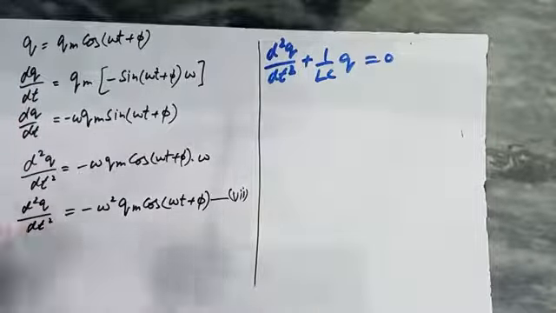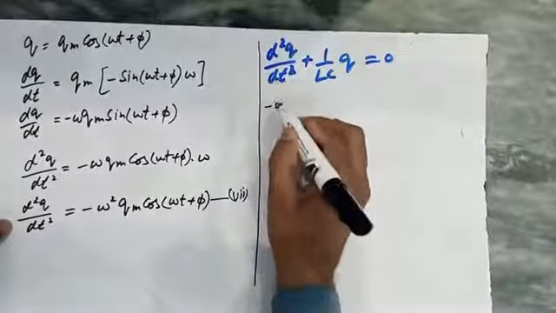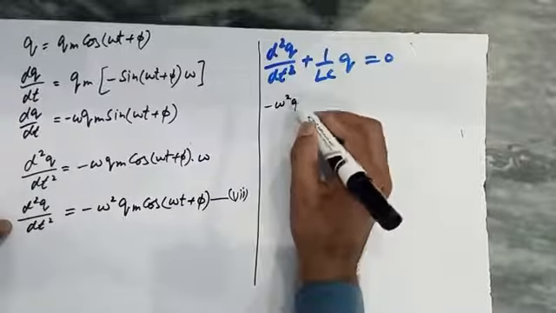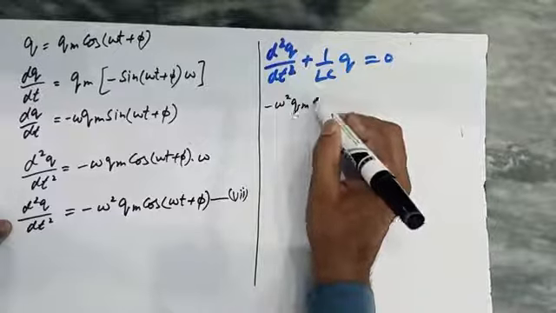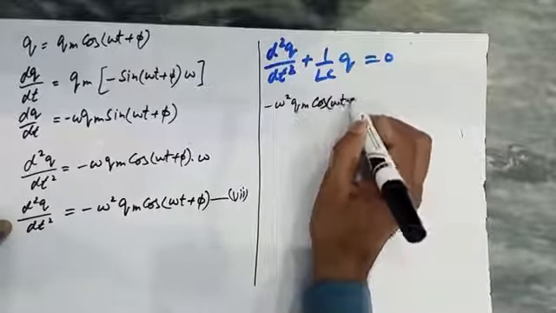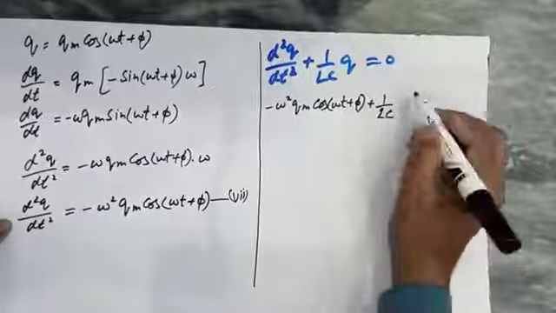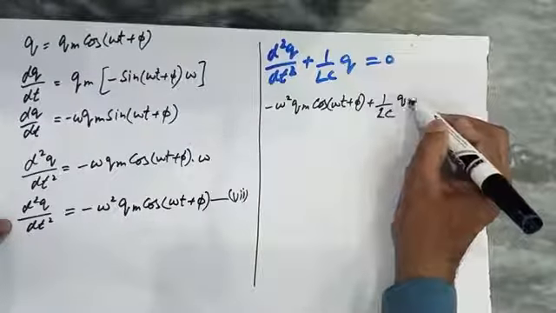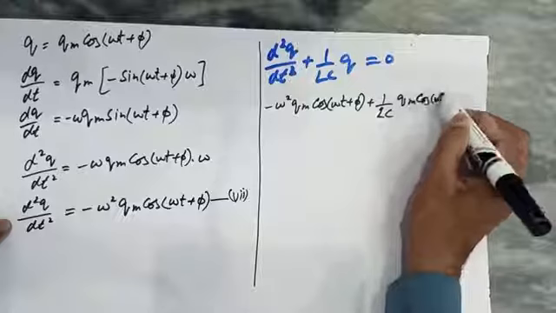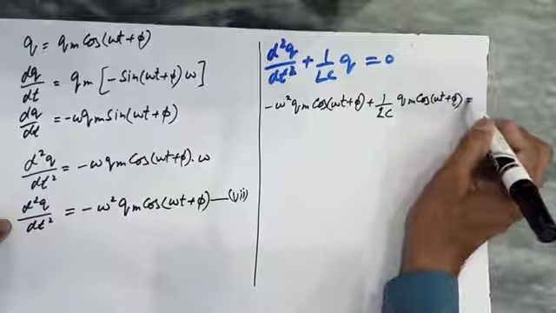Putting values, this becomes minus omega square Qm cos(omega t plus phi) plus 1 over LC times Qm cos(omega t plus phi) is equal to 0.